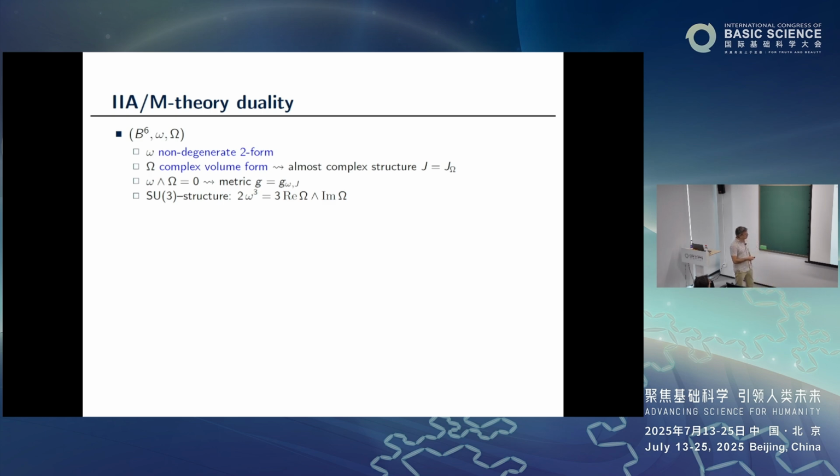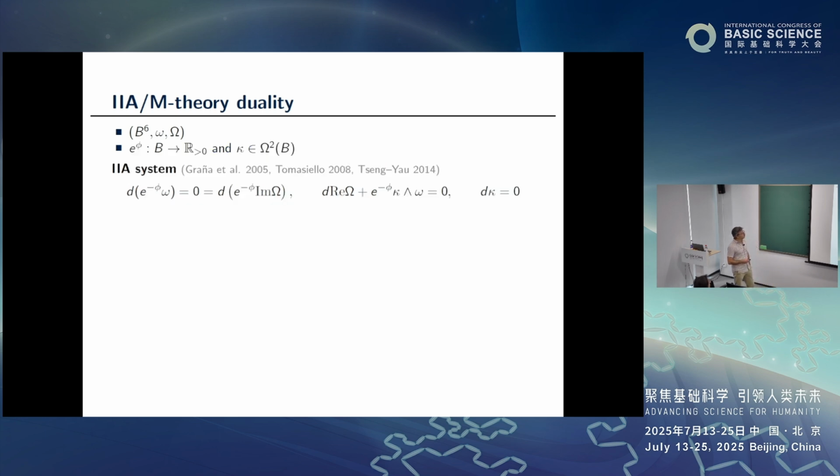And the equations that we want to impose are the following. We have this 6-manifold with an SU3 structure, a positive function, and a 2-form, which is a Ramond-Ramond 2-form flux. This is a special instance of the 2A system where almost everything is set to 0 except this 2-form flux.